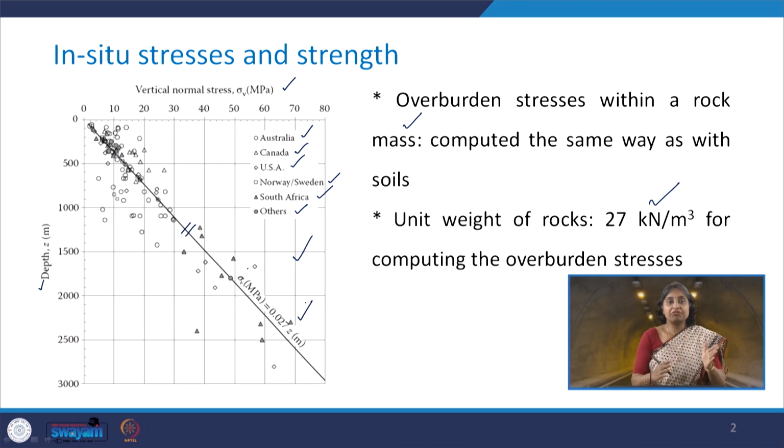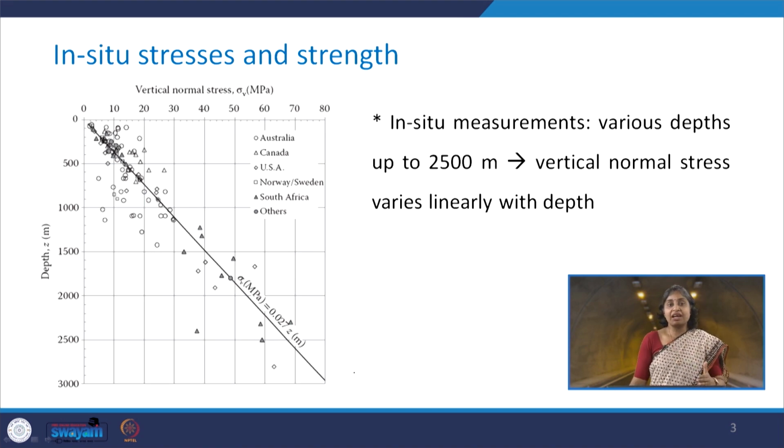That means the variation of the in situ stress is linear. These tests were conducted along various depths, varying up to 2500 meter, and it was seen that the vertical normal stress varied linearly with depth, which is represented by this straight line.